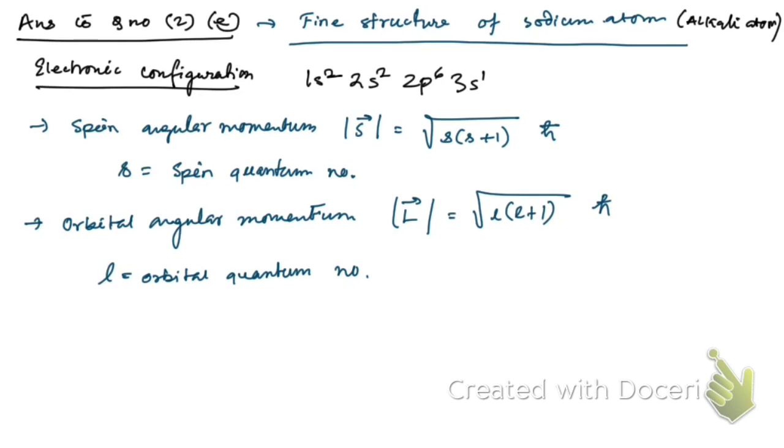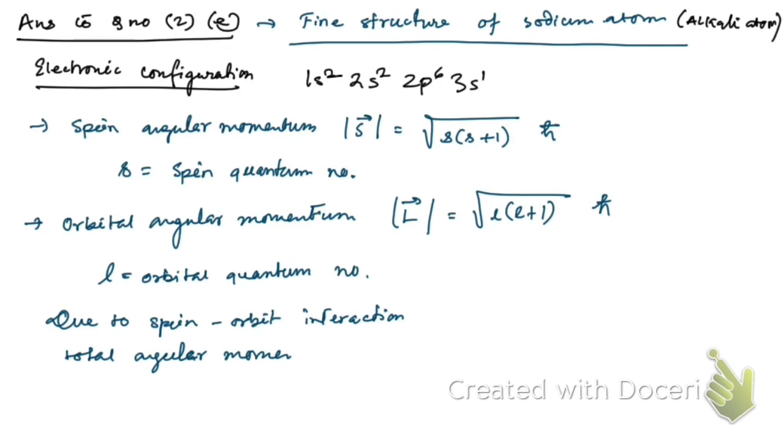And due to spin and orbit interaction, the total angular momentum, that is J, is given by root over j into j plus 1, then again h cut.